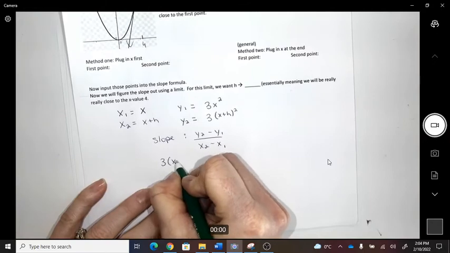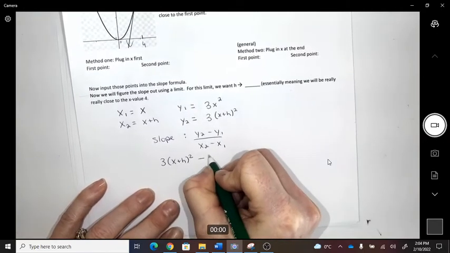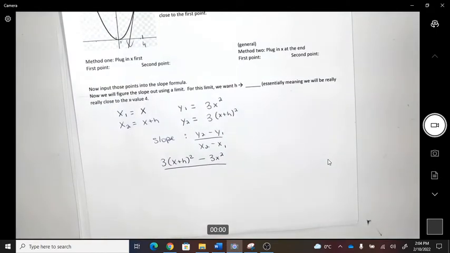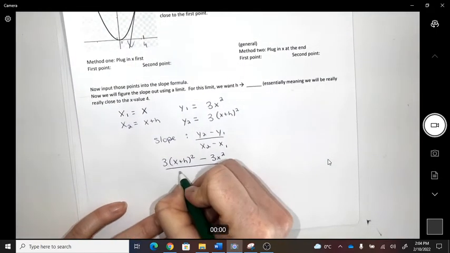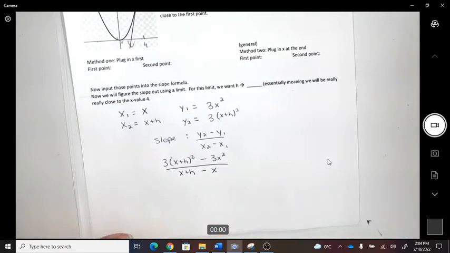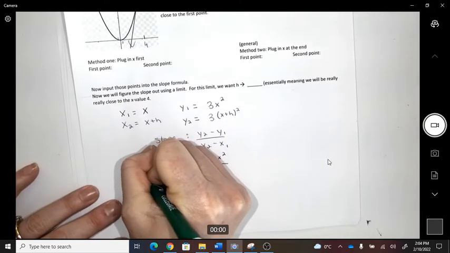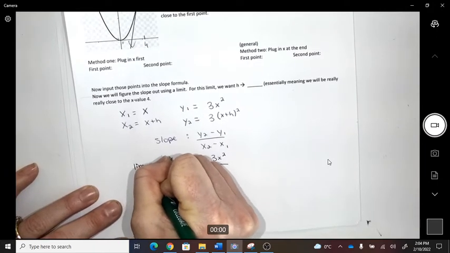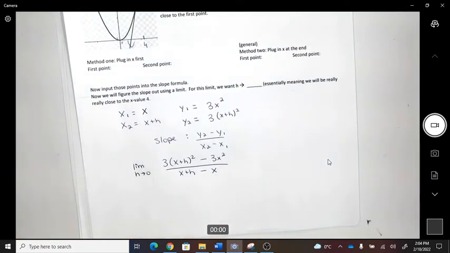So the second y, subtract the first y, divided by the second x minus the first x. And here's the goal. I'm trying to say, what is this going to get to if I'm trying to make the distance between the points 0? As I'm trying to get the distance between them closer and closer to 0, what's happening?